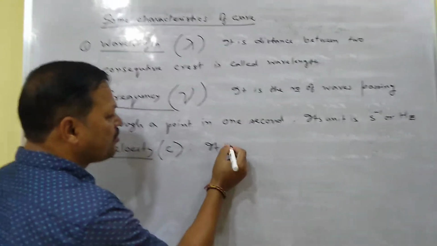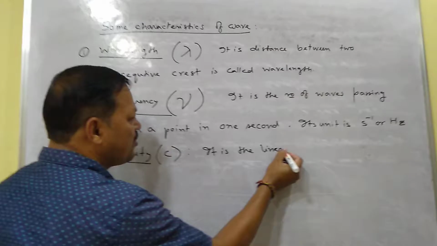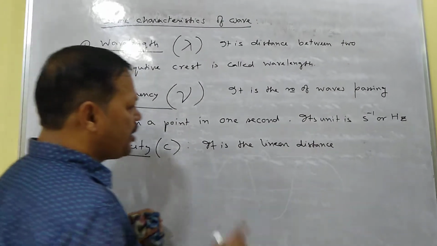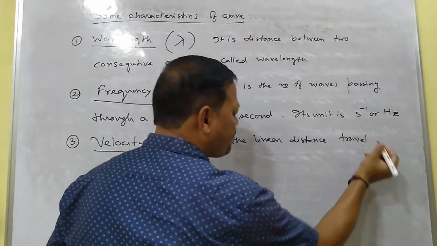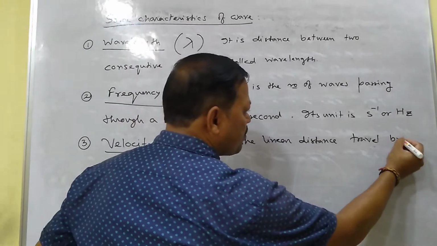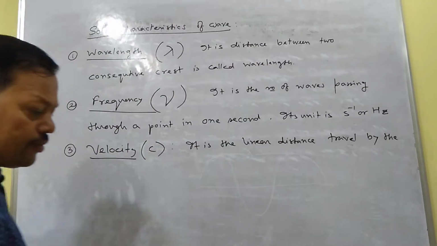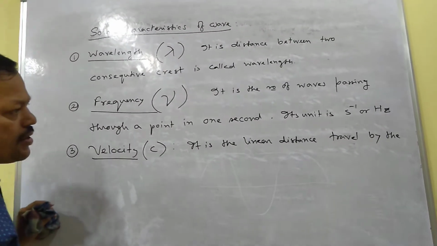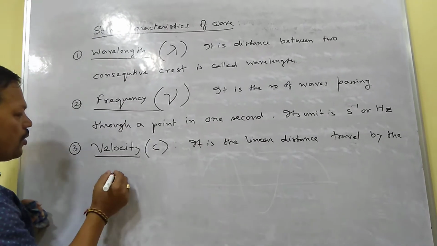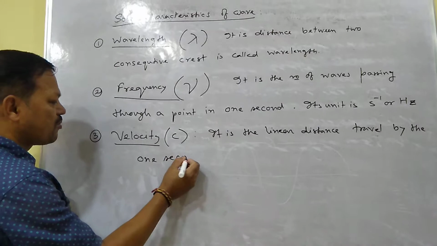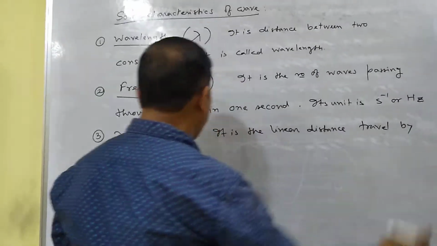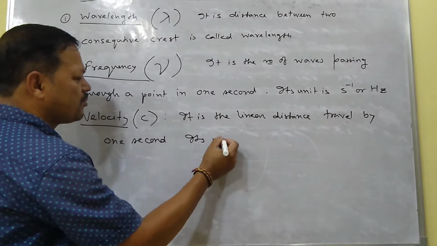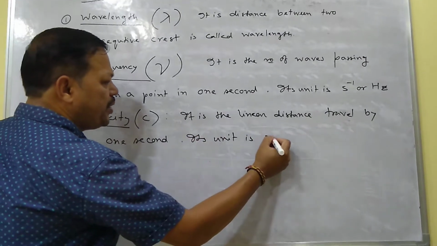It is the linear distance traveled in 1 second. That is called velocity, and its unit is meter per second.